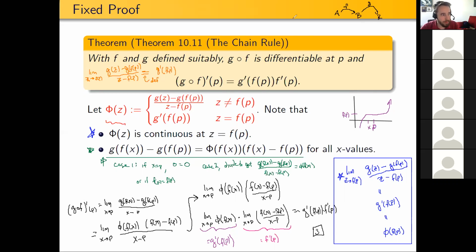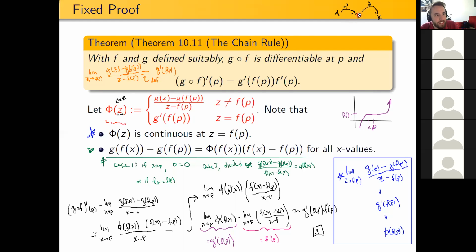So z, right? When I take my z values here, I'm imagining that my z values are in B. So z is an element of B here, because I need to be able to evaluate g of z.